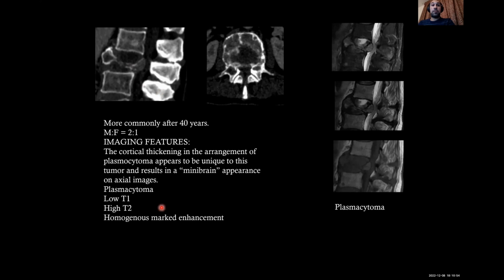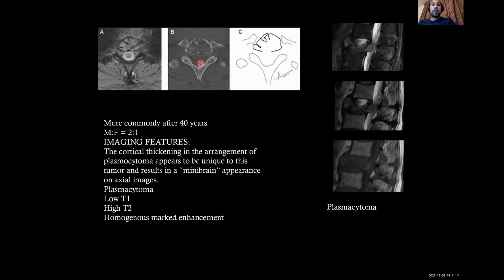Here, when you find this vertebra plana, so the destruction of the vertebrae, a single destructive lesion, plasma. If in old age, I will call it plasmacytoma. If multiple, it is multiple myeloma. You see, how to differentiate between the plasmacytoma and other tumors with features like hemangioma, the brain appearance in the CT and the MRI.